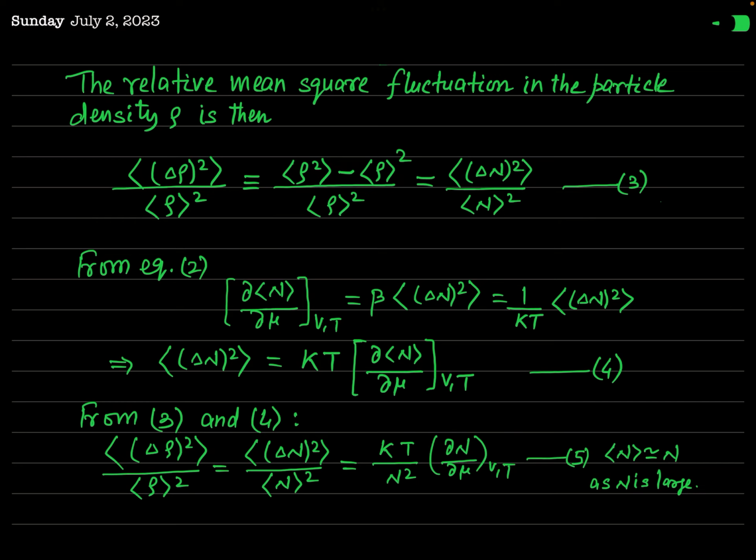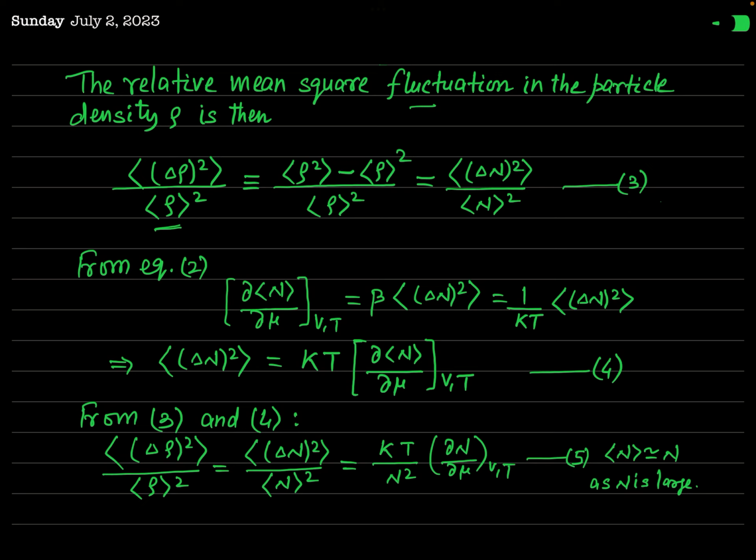Now you can easily define what will be the relative mean square fluctuation. For getting the value of relative mean square fluctuation, we simply divide the mean square fluctuation by the square of the mean of that quantity. So if your aim is to find the relative mean square fluctuation of density rho, that will be defined like this: average value of delta rho square divided by mean value of rho square.